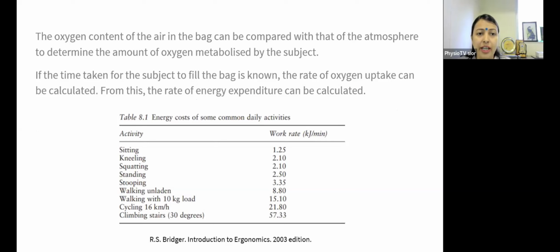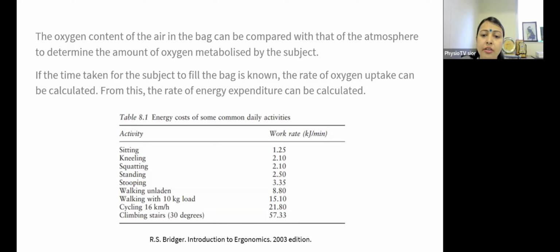The oxygen content of the air in the bag can be compared with that of the atmosphere to determine the amount of oxygen metabolized by the subject. And given the time taken for the subject to fill this bag, the rate of oxygen uptake can be calculated from it. You can see from this table the normal energy cost of some of the daily activities.